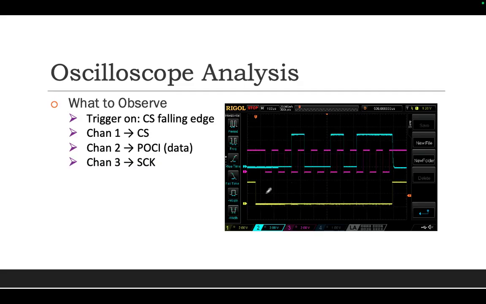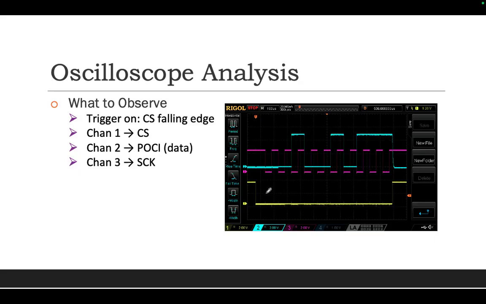Which one is clock? The third one or the second one? Anyone? Which one is clock? Let me help you: one is blue, one is purple, and one is yellow.